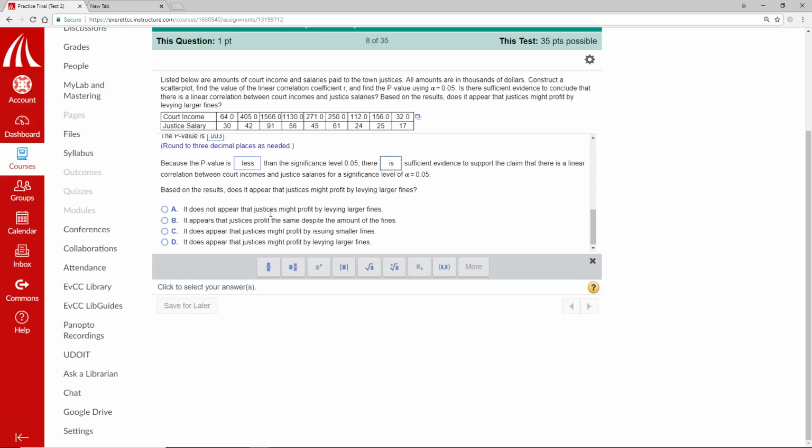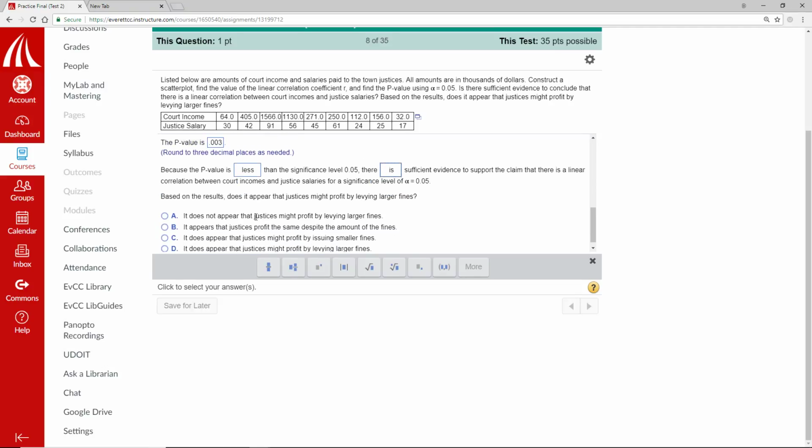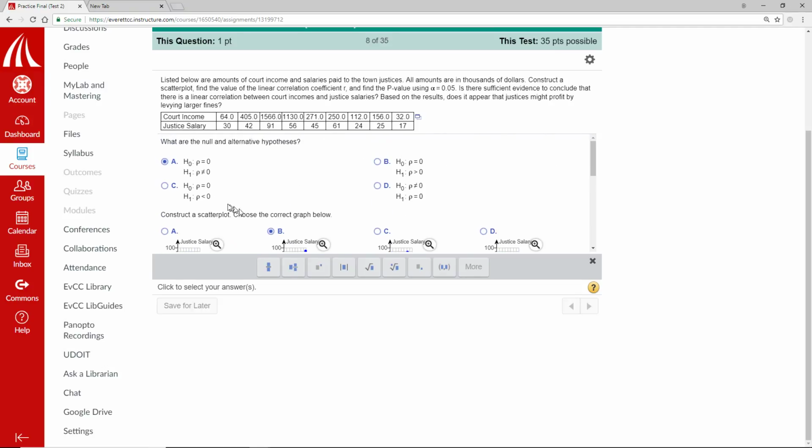Now, but I'm also starting to think that maybe we could have set up our, well, we could have also done B as well. So if we make our alternative not equal to that, that means that there's a negative correlation, and we're not seeing a negative correlation.